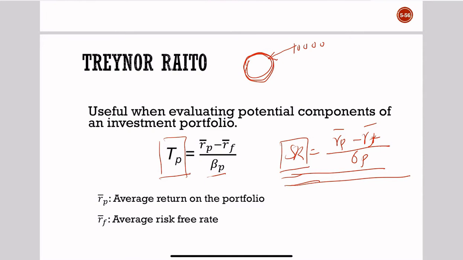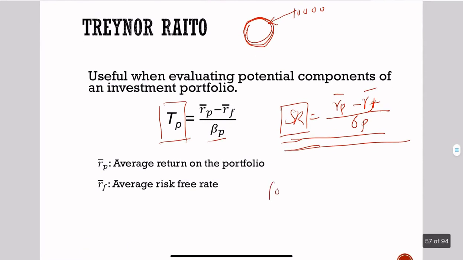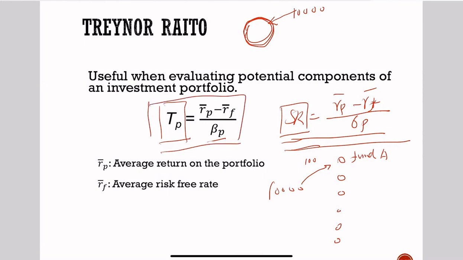Now, let's say you're in a different scenario. You have $10,000 and you have all these little investments, right? So now you try to allocate $100 into portfolio A. In this case, you should use the trade-off ratio. The reason is portfolio A is just a component.